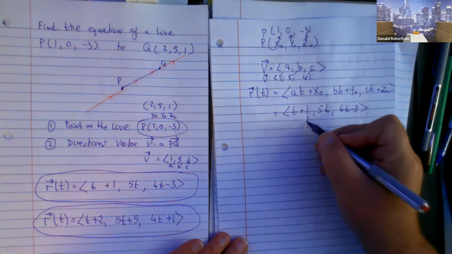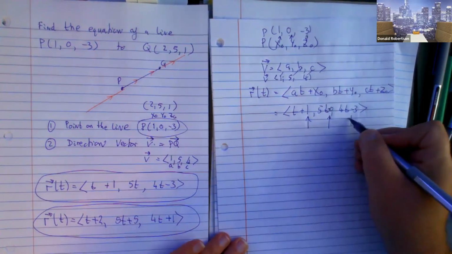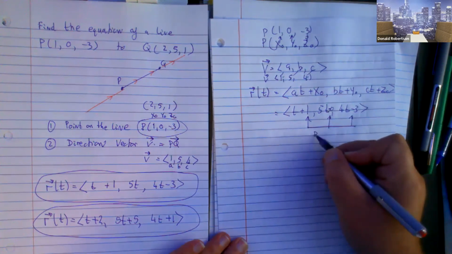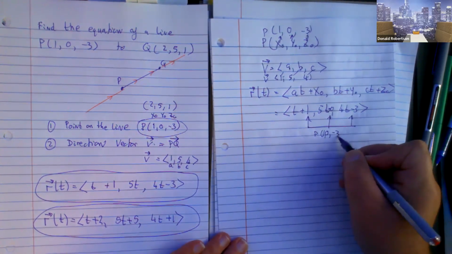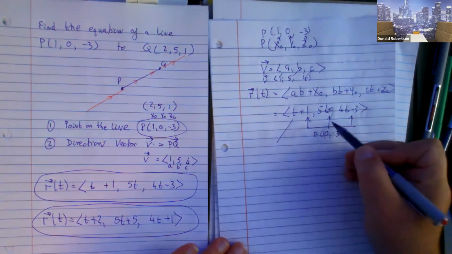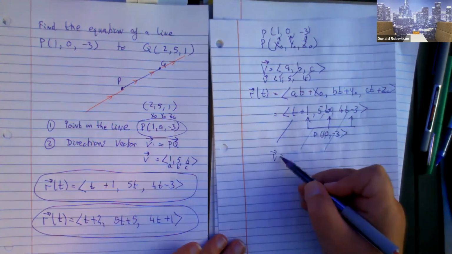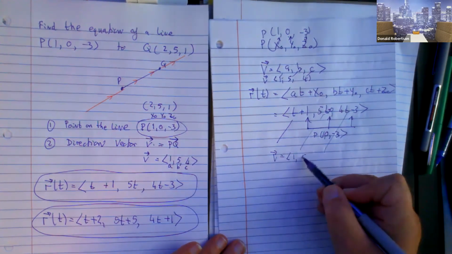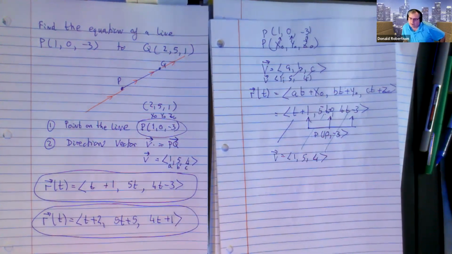So those three guys there, they represent the coordinates of P. And the coefficients of t, which is these guys here, here, and here, they represent the direction vector. So 1, 5, and 4.